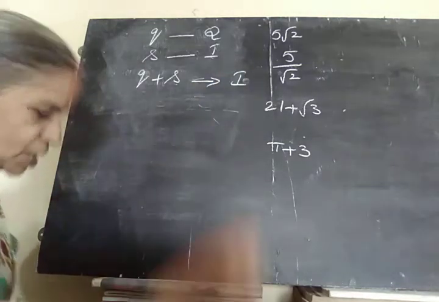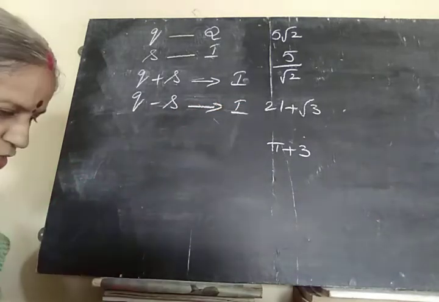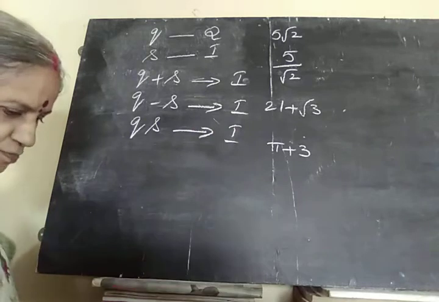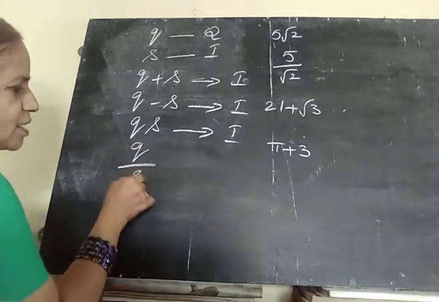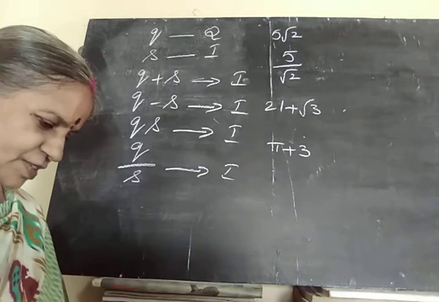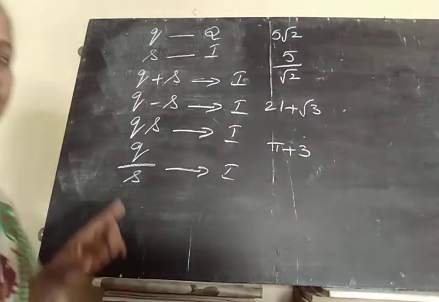And Q minus S also we will get irrational. And Q into S, QS is also irrational. Q divided by S also irrational, okay? S is not equal to 0. Then these are all irrational numbers.